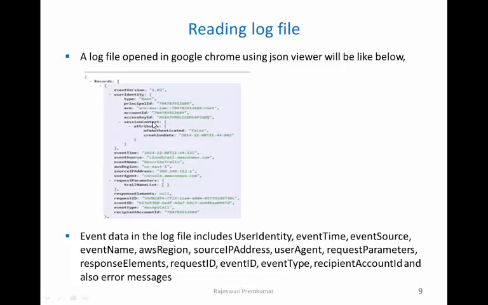It will show the user identity, basically the ID and the name of the user, and the time when the event happened, and what was the source, what is the event name, what was the region, the source IP address and user agent, etc. So this is a huge amount of information to begin with. But whatever is of interest to you, you can pick it and try to apply some monitoring over it.